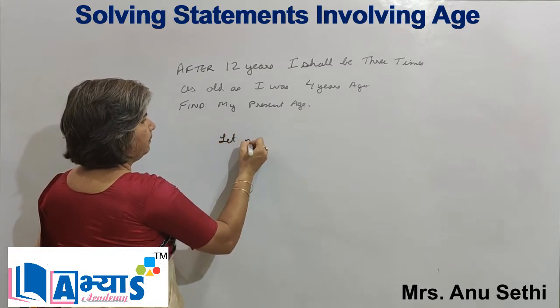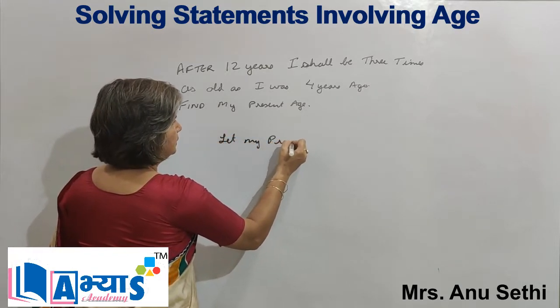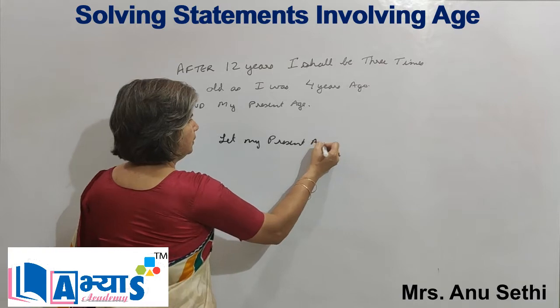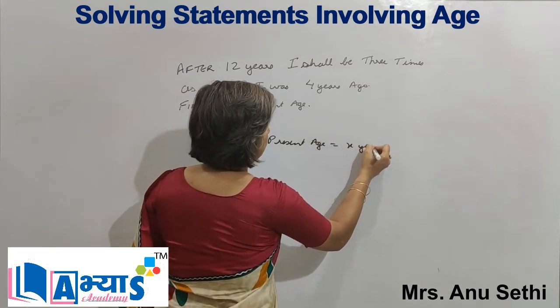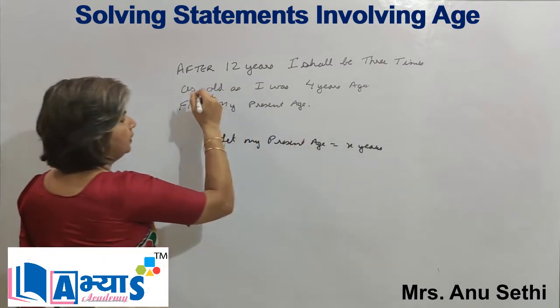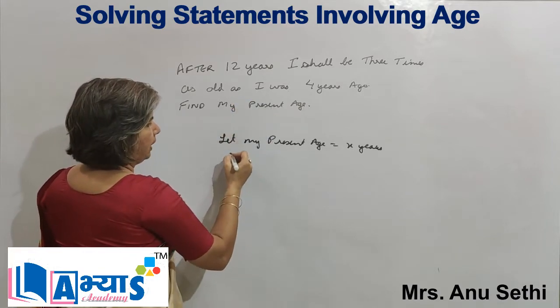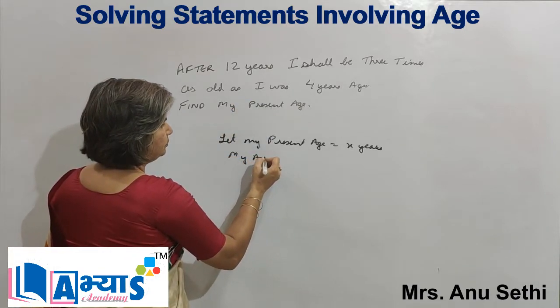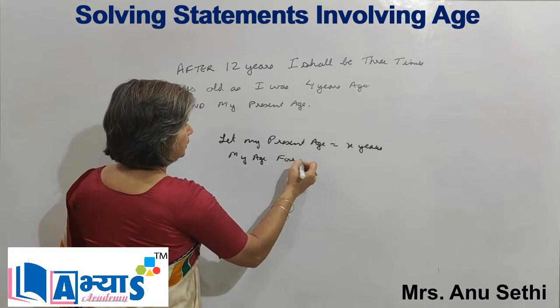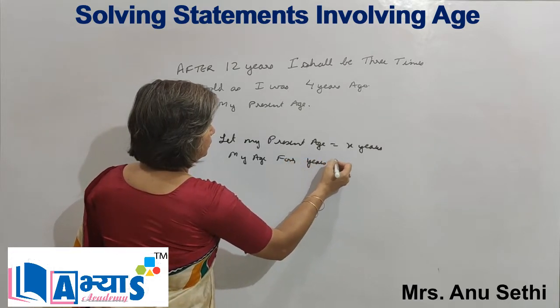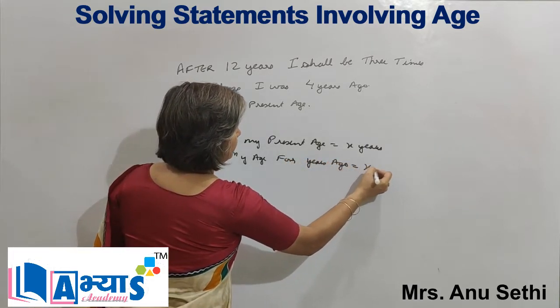Let my present age equal x years. Now my age 4 years ago was equal to x minus 4.